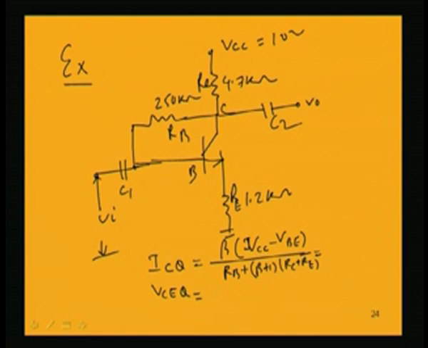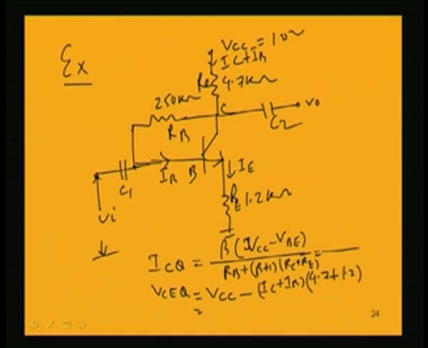Similarly, VCEQ can be found out by VCC minus IC plus IB, since IC plus IB current is flowing in this loop and this has to be taken care of, (IC plus IB) into 4.7 plus RE of 1.2.